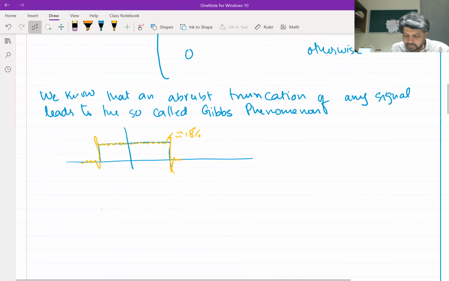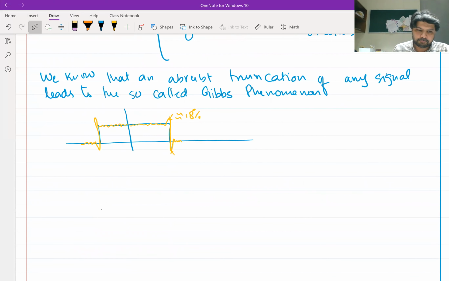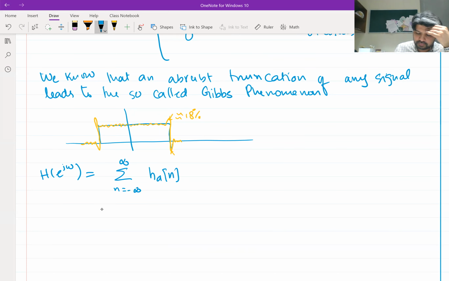So how to select a window? That is the question. So let's look again at this formula. H of e to the power j omega is equal to summation n equals minus infinity to plus infinity hd of n w of n e to the power minus j n omega, where w of n now can be anything.